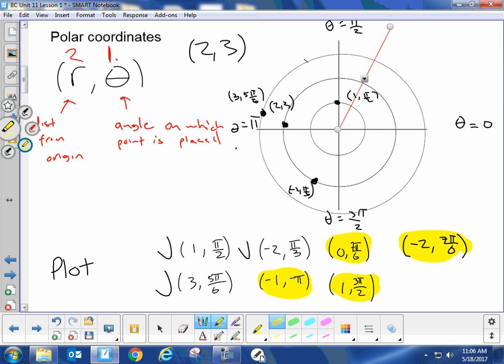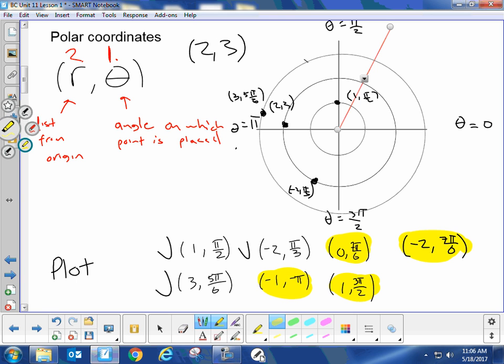All right, collaborate. Make sure you have the same answers as your neighbors. Like -1, -pi. What is that? Good.